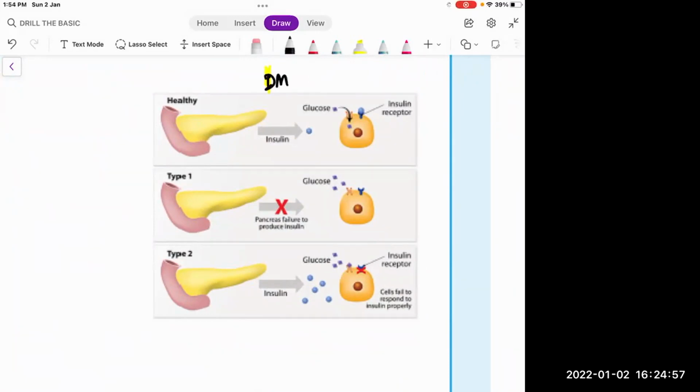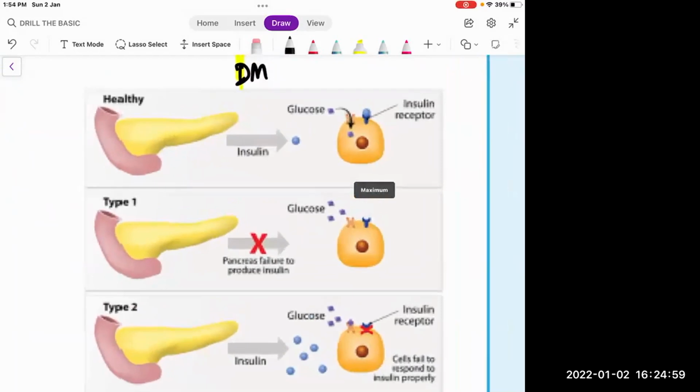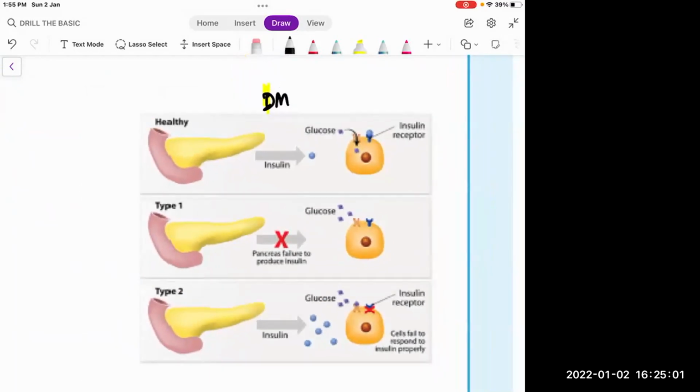So how does insulin maintain the blood glucose level? Insulin acts on the insulin receptors in the cells and makes glucose enter the cell, so the blood glucose level is decreased or maintained.